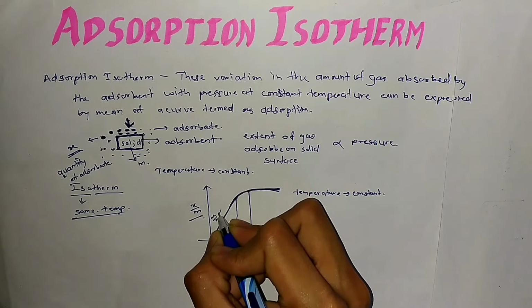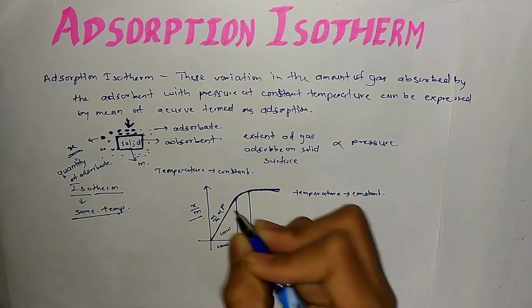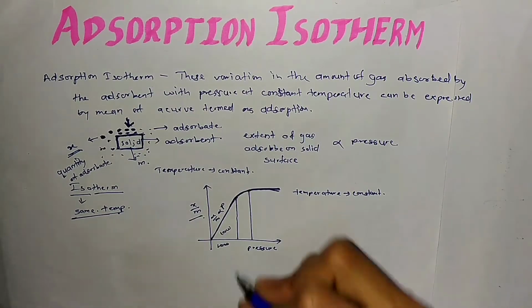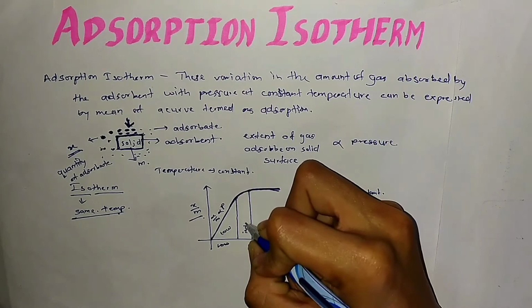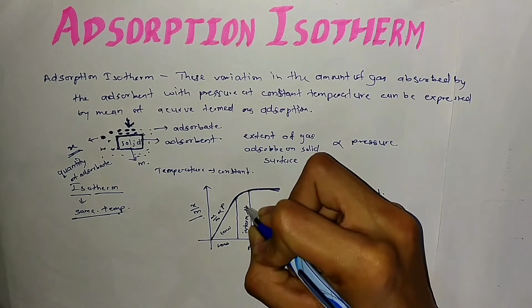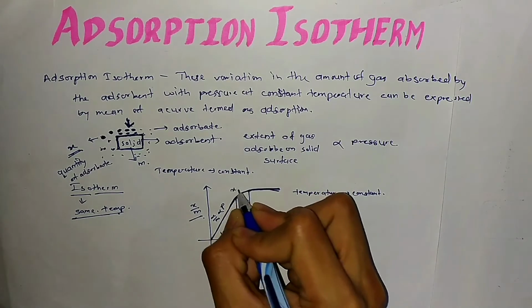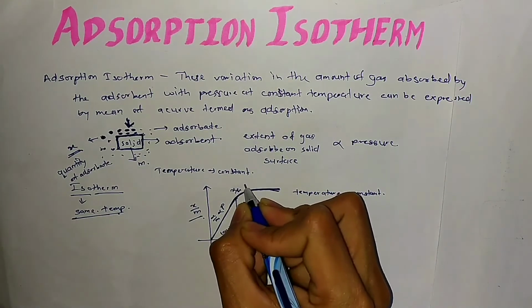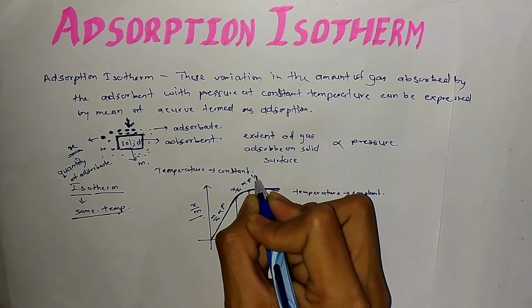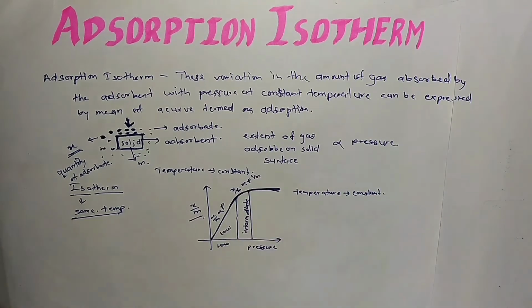Here x by m is directly proportional to p, and this is the intermediate phase, where x by m is directly proportional to p raised to 1 by n.